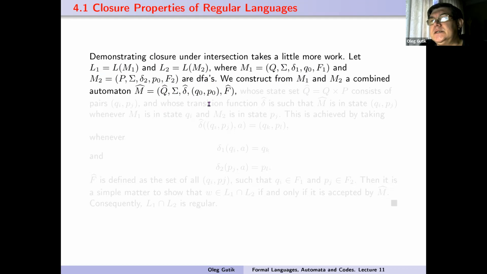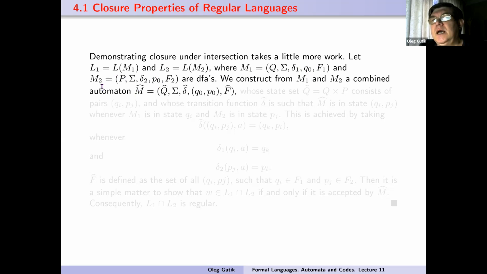The initial state is an ordered pair Q0, P0, where Q0 is the initial state of automaton M1, and P0 is the initial state of automaton M2.